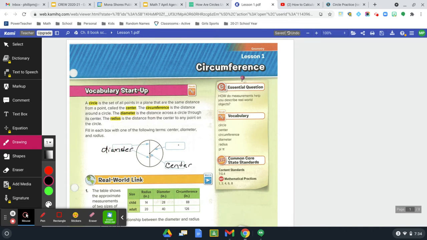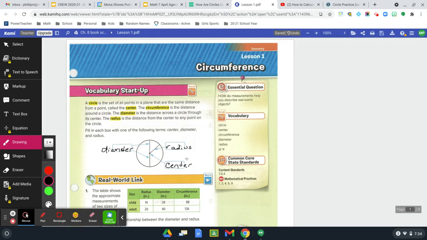And then lastly, the radius, which is really half the diameter, starts at that center point and goes to one end of the circle. Your radius can look different each time, meaning it doesn't always have to look like what you see shown in the picture. The radius can be drawn many different ways as long as it starts in the center of the circle and extends to one end of the circle.